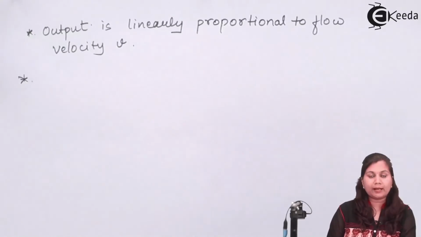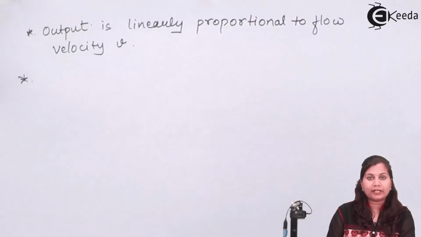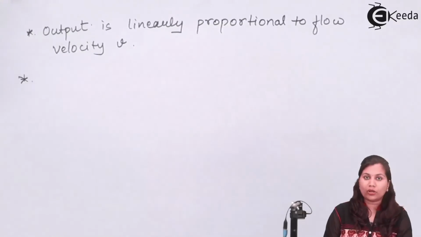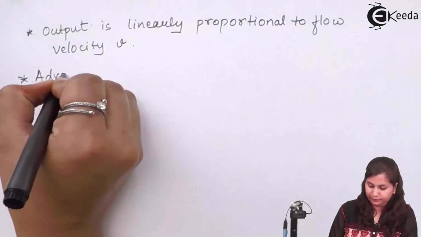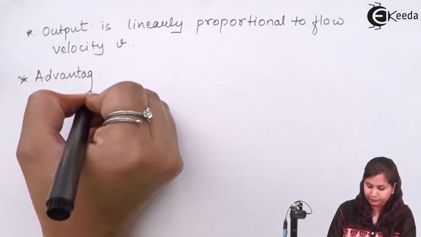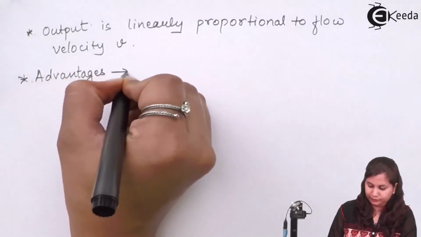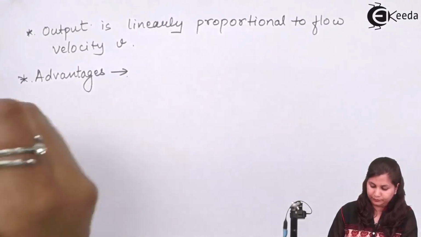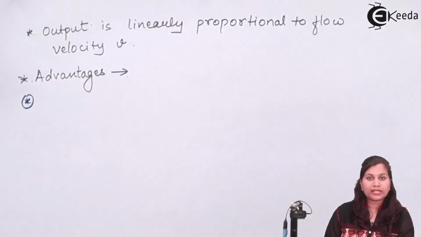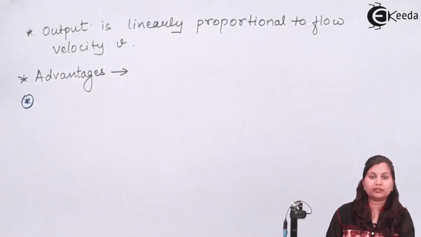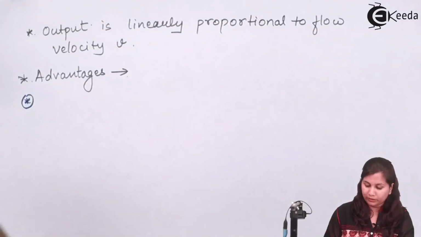Now let us see some of the advantages and disadvantages of the ultrasonic flow meters. If we talk about its advantages, we have seen that there is no obstruction in the flow of the liquid.